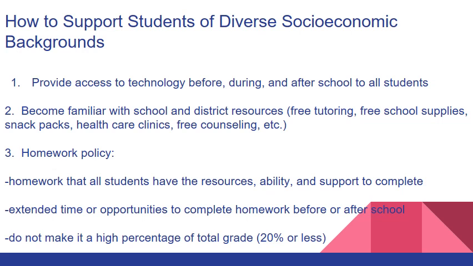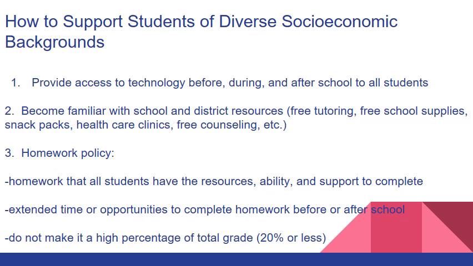Let's now discuss ways that we can support students of diverse socioeconomic backgrounds so that all students are successful, regardless of their family's income. One way to do this is to provide access to technology for students before, during, and after school. This is important because students from low-income families are less likely to have internet access at home and less likely to have computers as well.